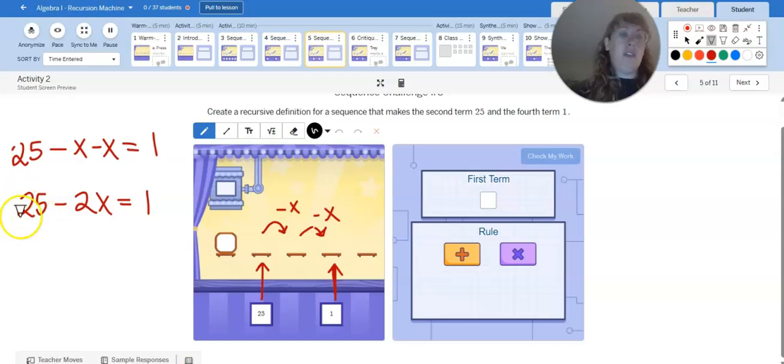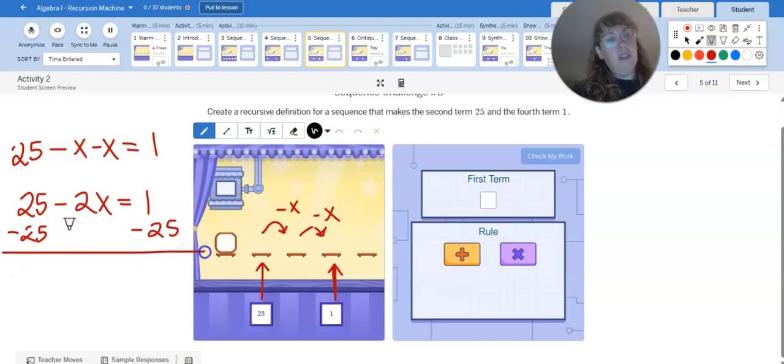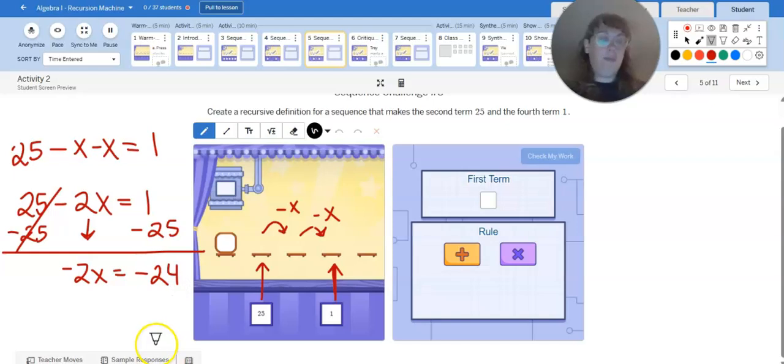We would then want to get rid of the 25, move it to the other side. So we'll subtract both sides by 25. And we bring down this negative 2x equals 1 minus 25 is a negative 24. Then divide both sides by negative 2 to get x equals 12.